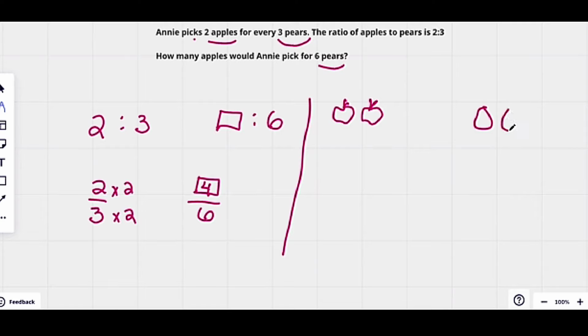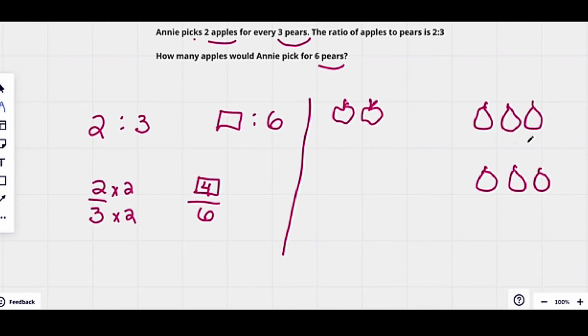And 1, 2, 3. Okay, these are my pears. So if we need to have 3 more pears so that we have 6 in total, we need 3 more right here. How many more apples do we need?